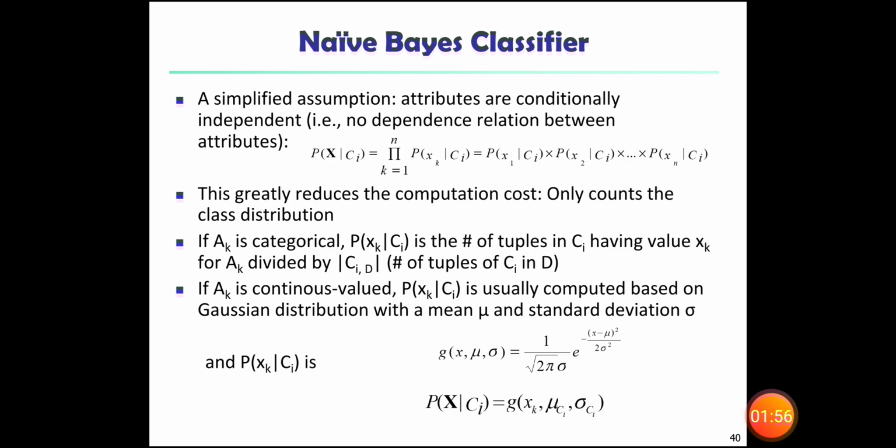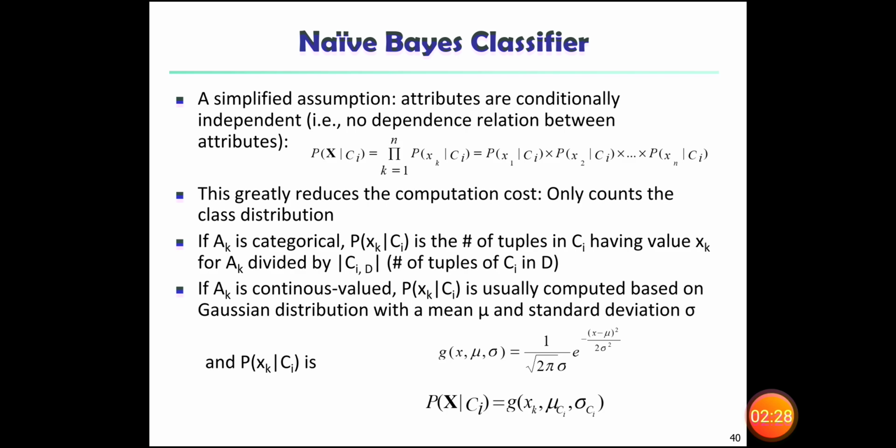It is very important, as we already discussed, that we are going to involve more and more probability concepts, so we need to have knowledge about probability. The Gaussian distribution is defined as g of x, mu, sigma equals 1 by root of 2 pi sigma times e to the power of minus (x minus mu) squared divided by 2 sigma squared.